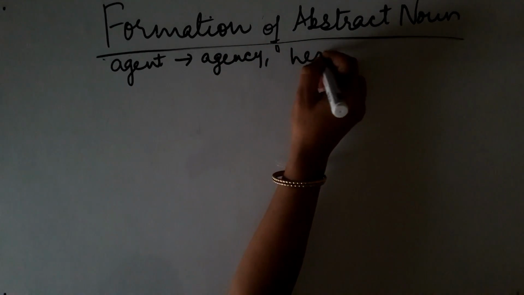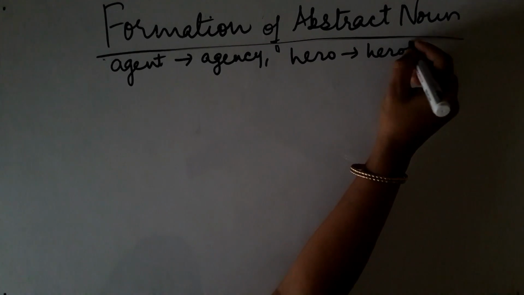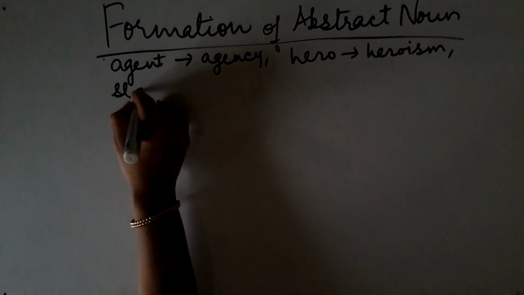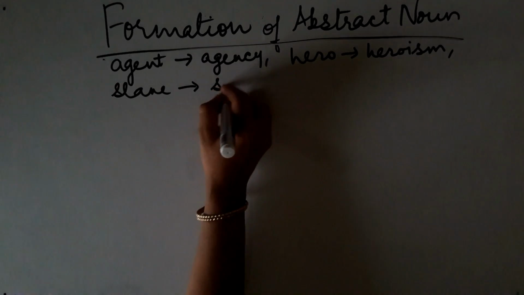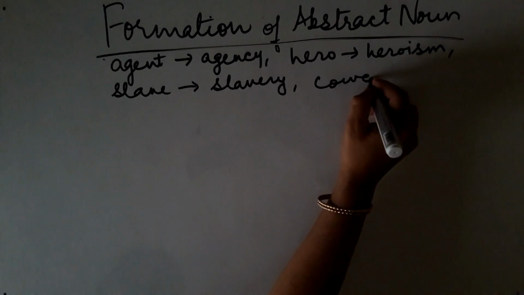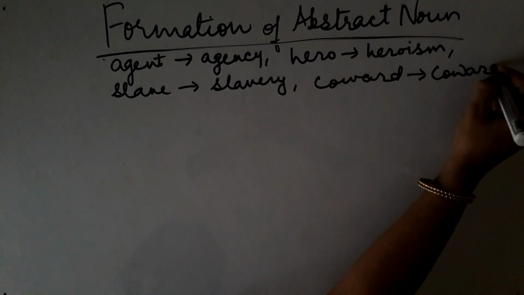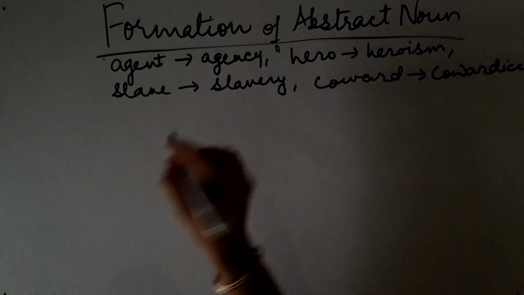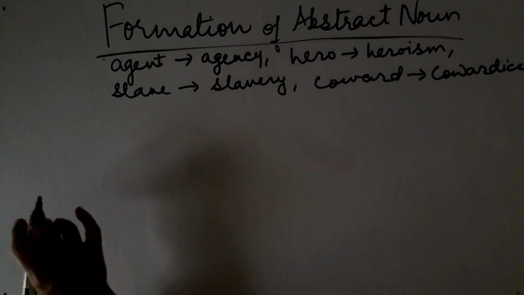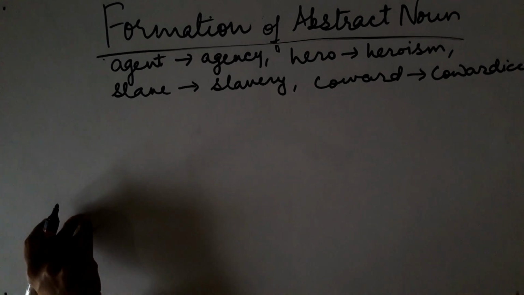A word like hero can be changed into the abstract noun heroism. A word like slave can be changed into slavery. Then coward changes into cowardice, etc.